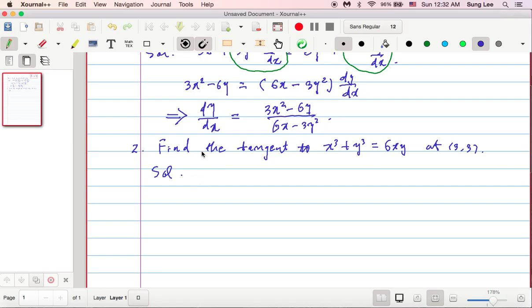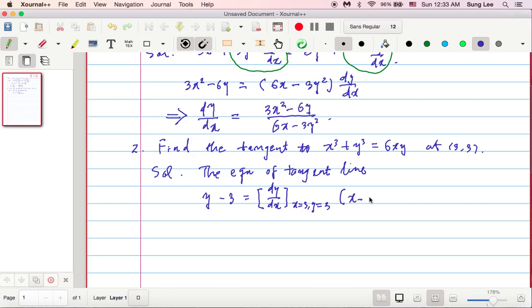Okay, so the equation of the tangent line in this case is given by y minus y1, which is 3, equals the slope, which is going to be dy by dx evaluated at x equals 3, y equals 3, times x minus x1, which is 3.